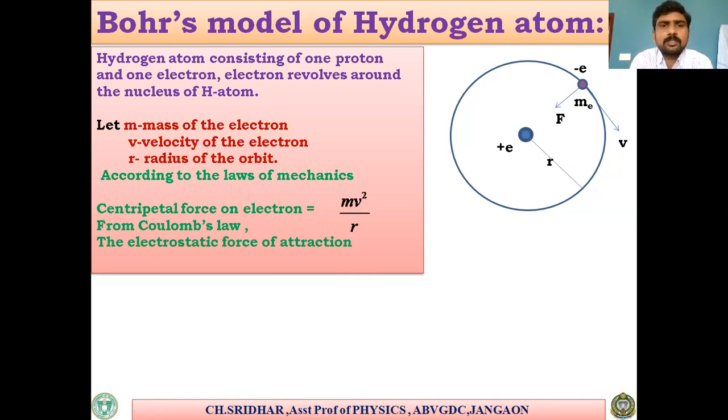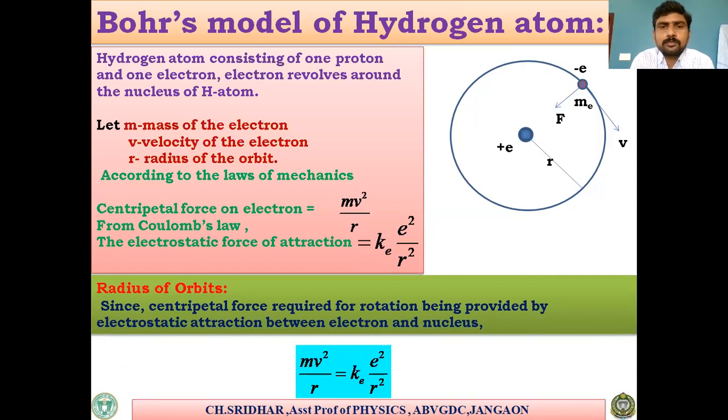From Coulomb's law, the electrostatic force of attraction is given by K_e times e squared by r squared, where K_e is the constant 1 by 4 pi epsilon naught. From Coulomb's law, the force between two charges is F equals 1 by 4 pi epsilon naught times Q1 Q2 by r squared, where r is the distance between the two charges, or the distance of separation.